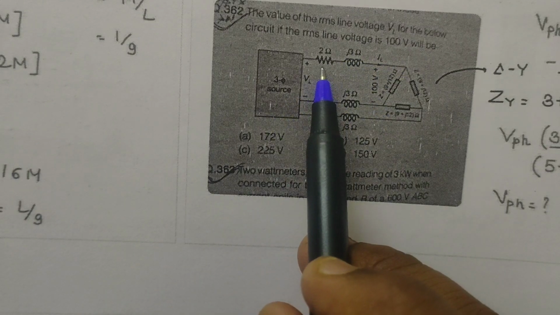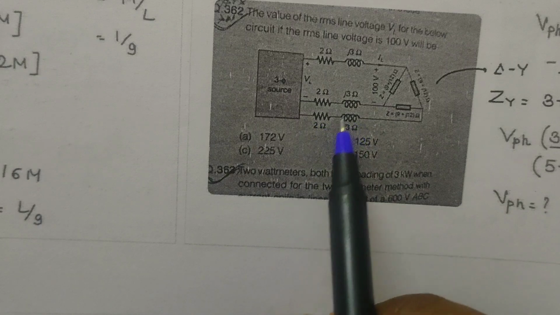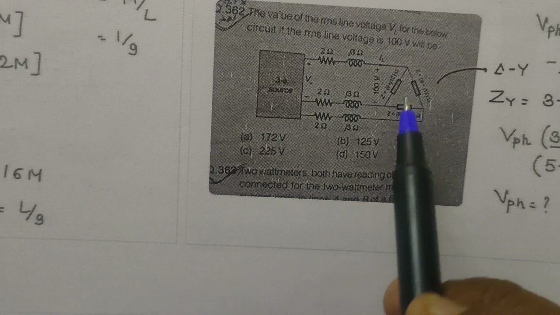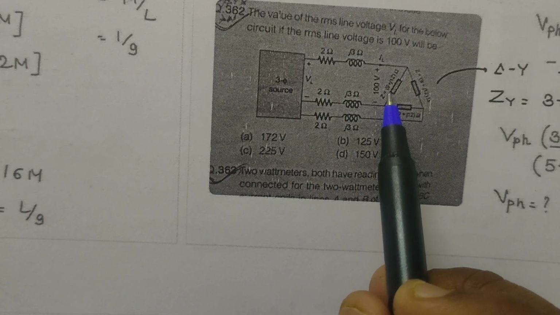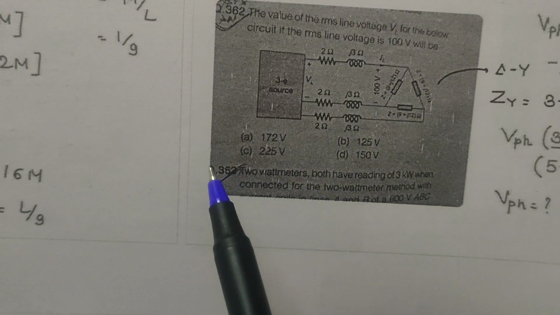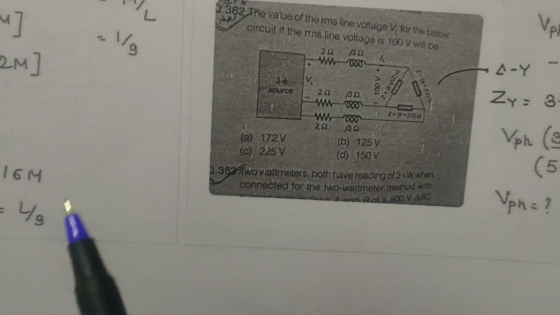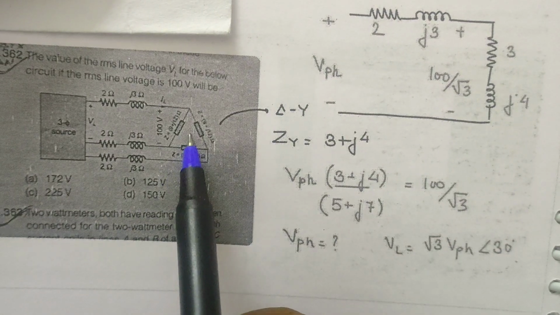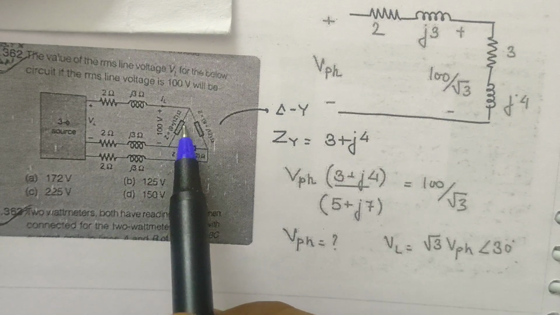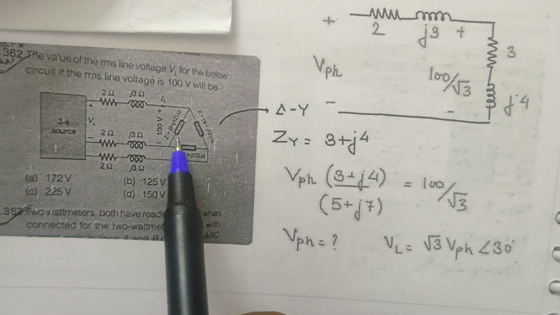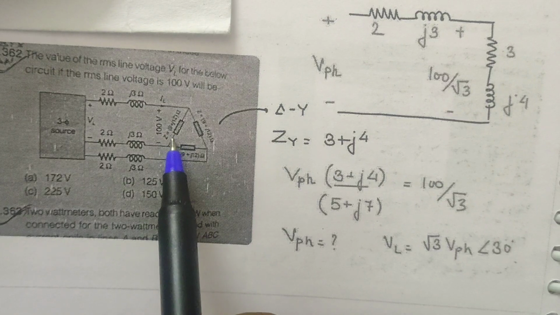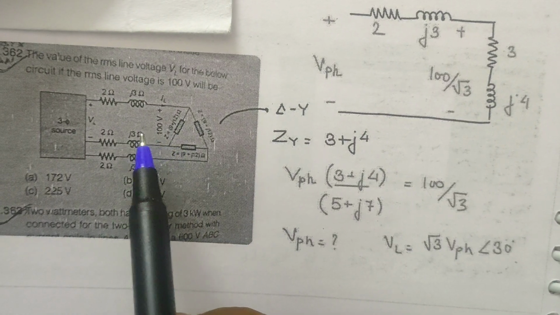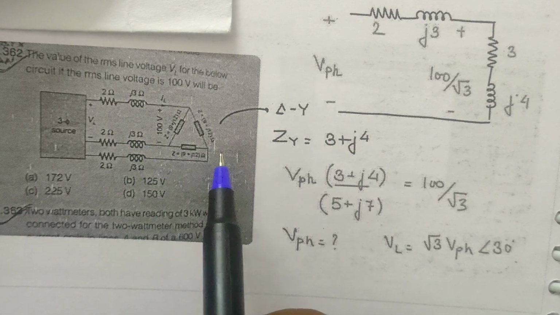You have 2 plus J3 ohms, 2 plus J3 ohms and 2 plus J3 ohms, and this is connected in delta connection, and these values are 9 plus J12. Now he has converted this delta 9 plus J12 into star. So Z star is equals to Z delta by 3, where Z delta is 9 plus J12. Z star will be 9 by 3 plus J12 by 3. You will get it as 3 plus J4.